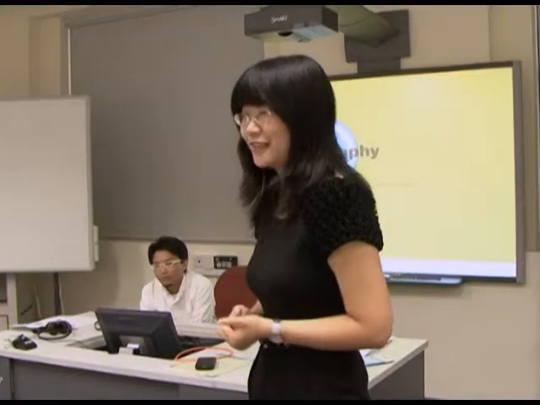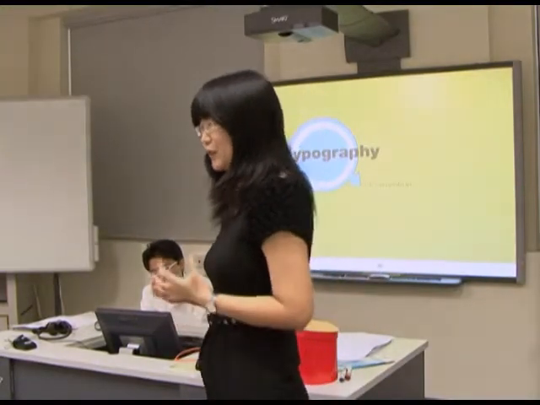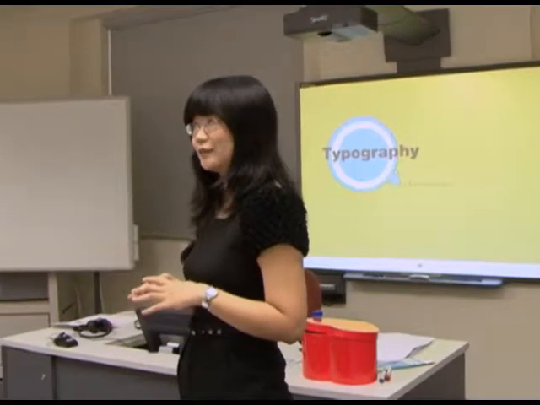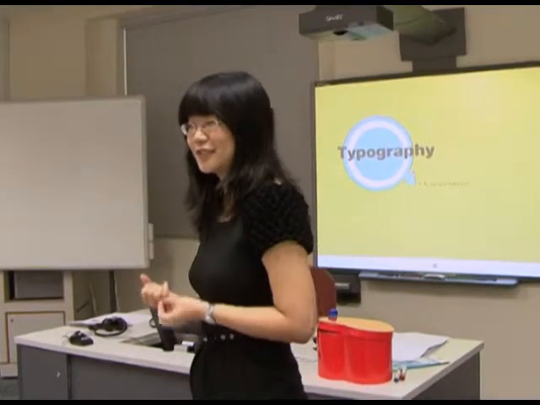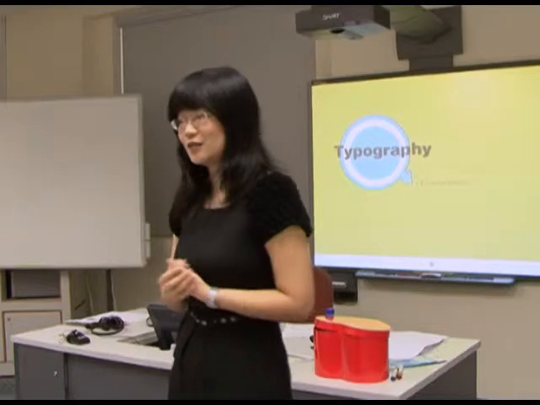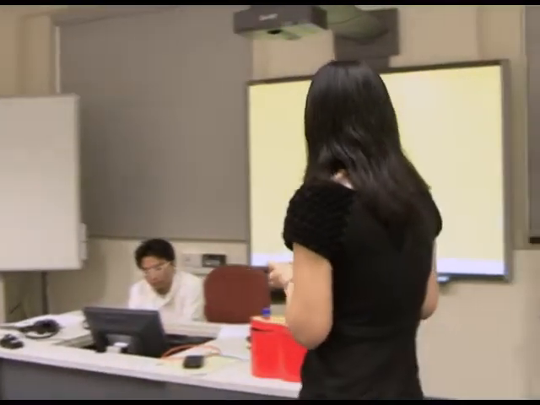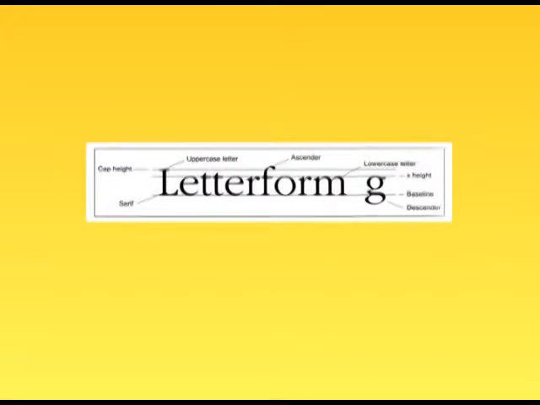Because graphic artists, designers, and computer programs employ this unique type terminology and measurement system, we need to understand their meaning. Such as the letter case: uppercase describes the capital letter. Lowercase describes the smaller letter as opposed to the capital letter.